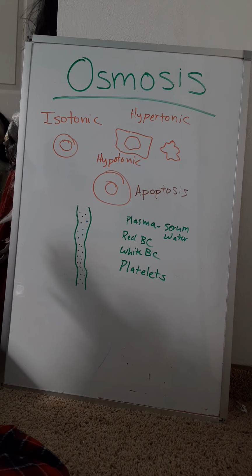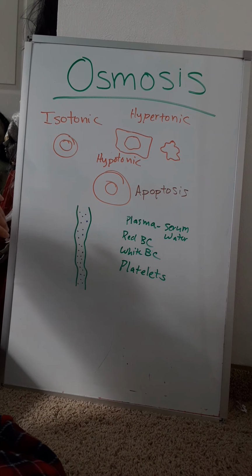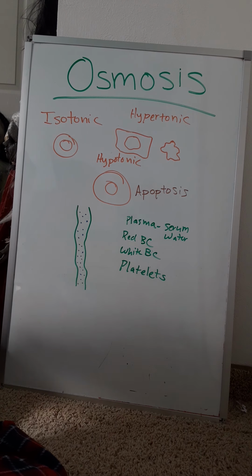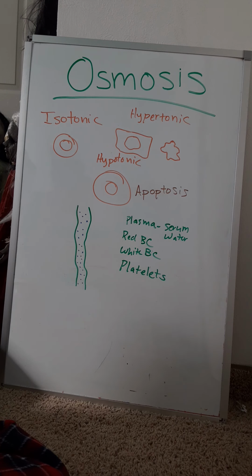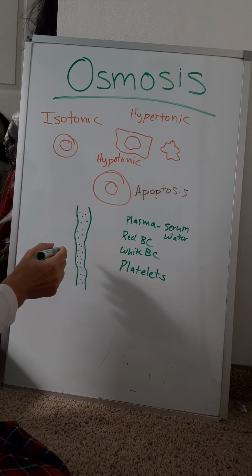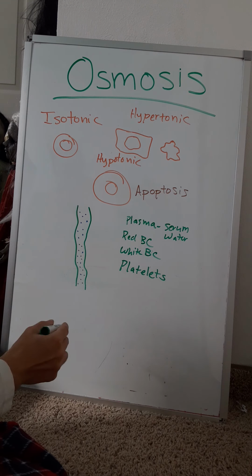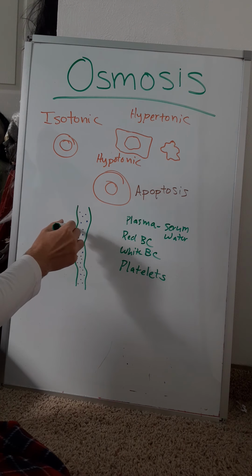Interstitial basically just means it's between the cells. So on the outside, if you're not getting enough water, the water from the inside will actually start to leave.